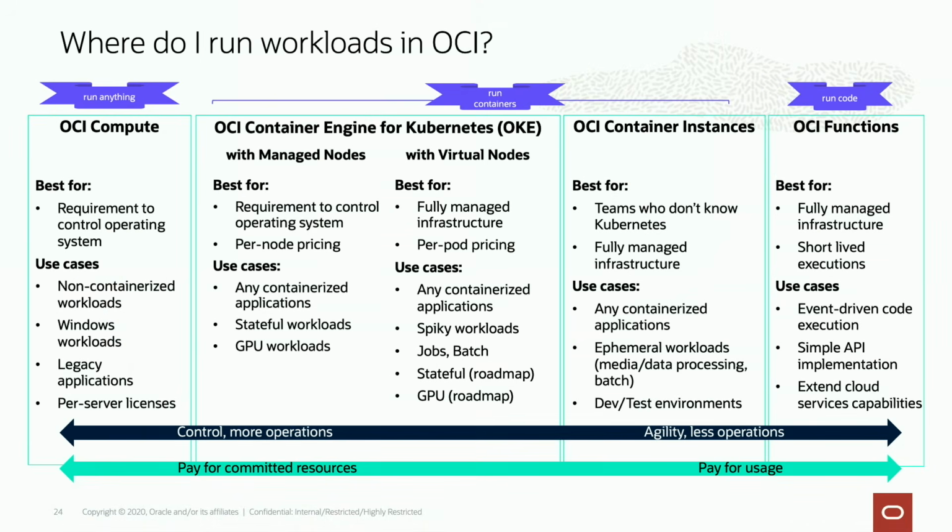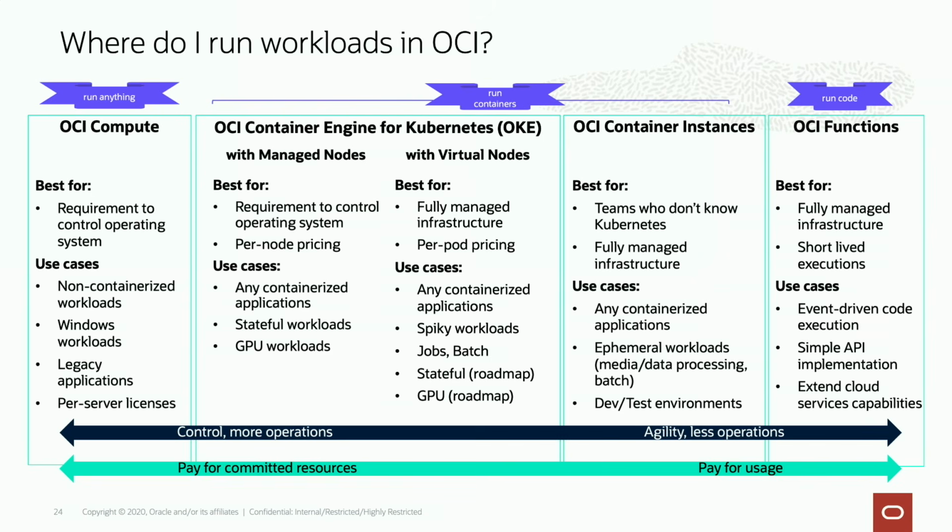So finally, where do you run your workloads in OCI? On OCI compute, you can run anything, right? You have access to the operating system. You manage everything from the operating system to your applications. If you want to run containers, of course you can run them on OCI compute, but is it really worth it? We don't think so.